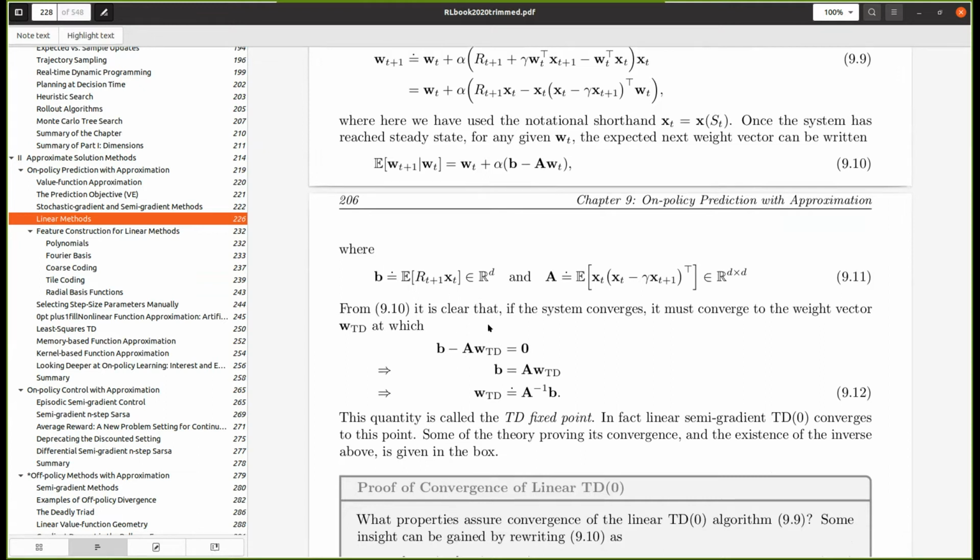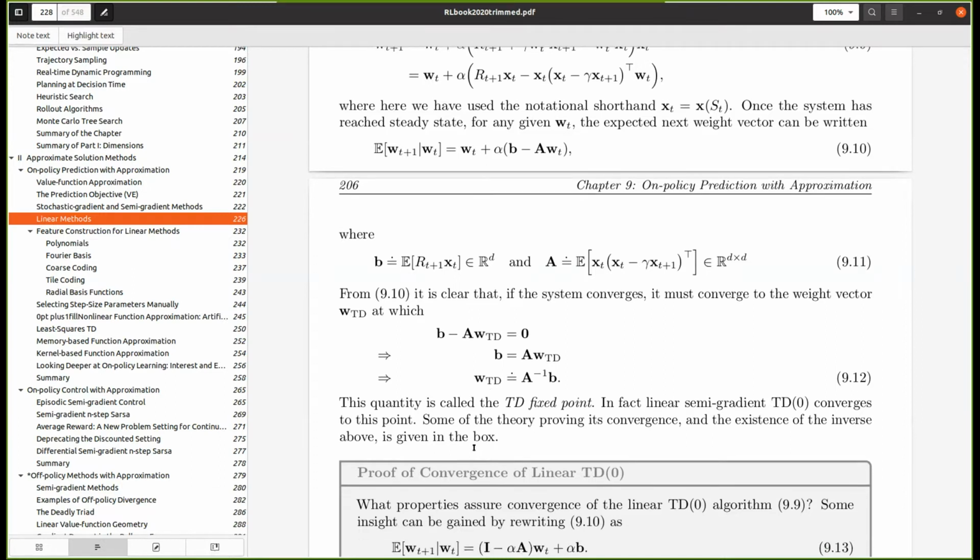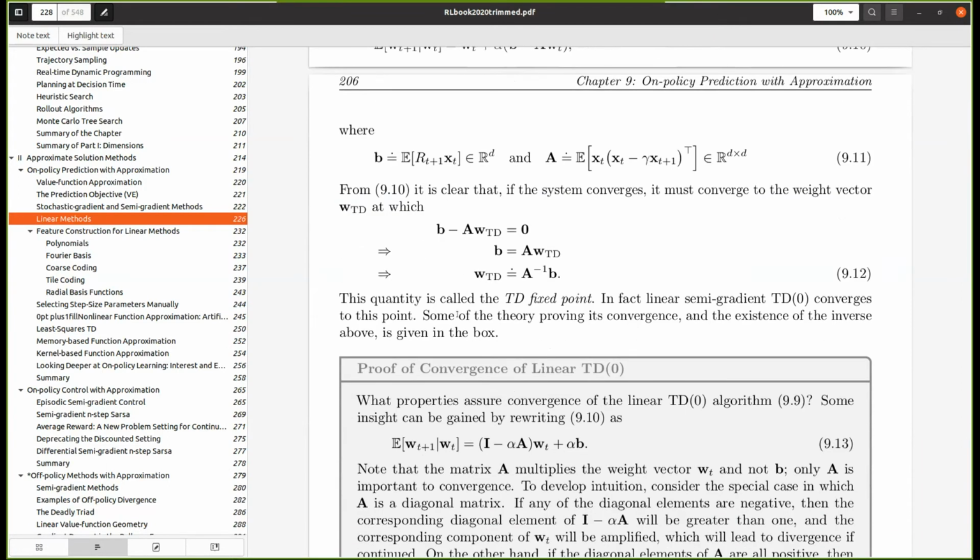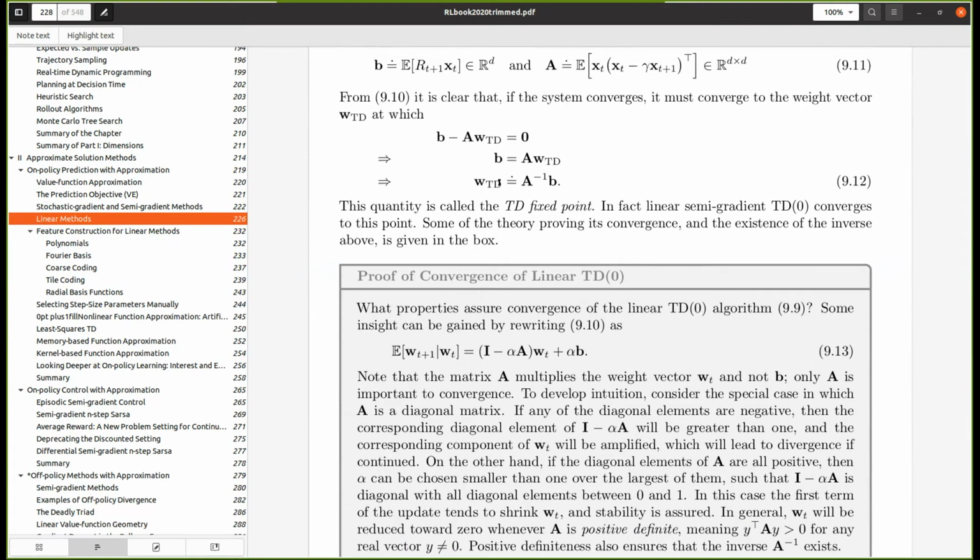Gradient descent converges when the gradient is 0, and for the linear case we can solve it to find the fixed point. That would be the value to which the semi-gradient TD should converge, the fixed point of linear TD(0).